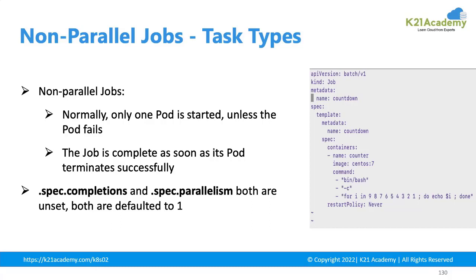It's a one-time type of activity. It is not a recurring activity like cron job. One pod starts, does 9 to 1 counting and marks it as complete. And because we are not creating multiple pods simultaneously to do a set of actions, these types of jobs are called non-parallel jobs.